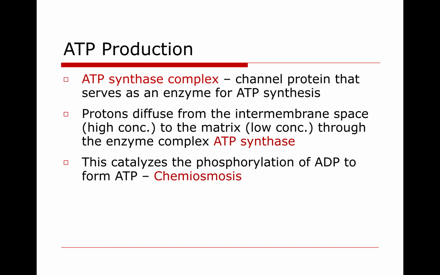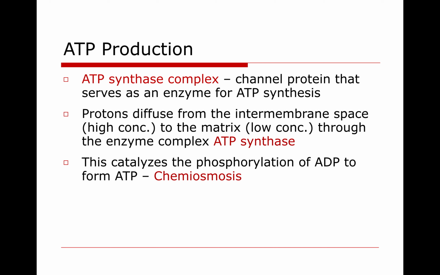So ATP production, you have an ATP synthase just like you do on the thylakoid membrane. It's a channel protein that serves as an enzyme to make ATP, but we already know that because that was on our last test. Protons diffuse from the inner membrane space to the matrix.